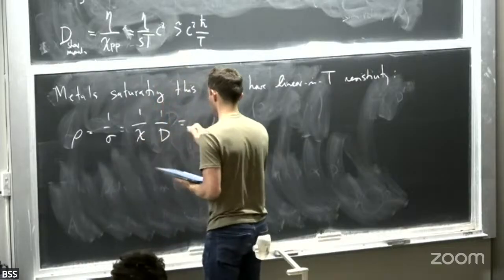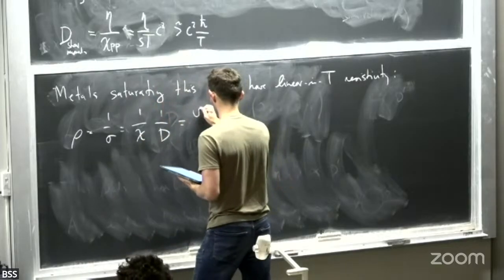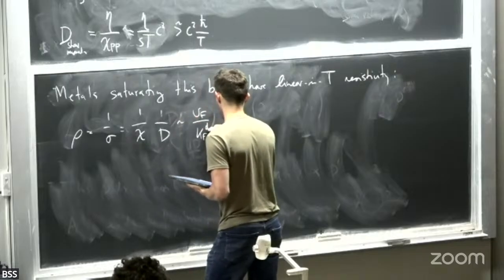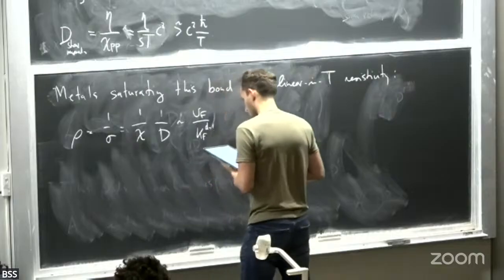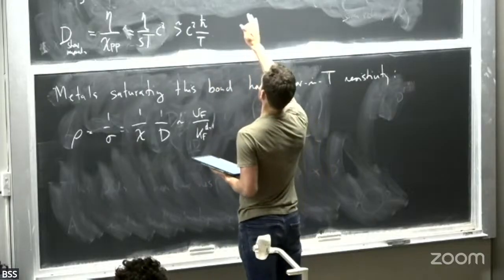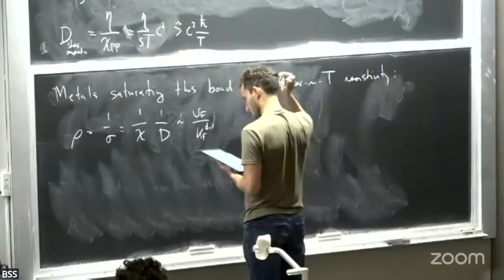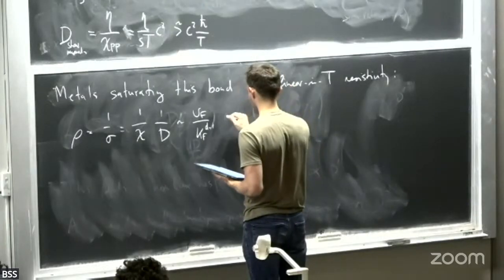The susceptibility of a metal is just factors of v_F and k_F, roughly. And diffusivity, let's say we're saturating the bound, so the diffusivity is v_F squared over T.